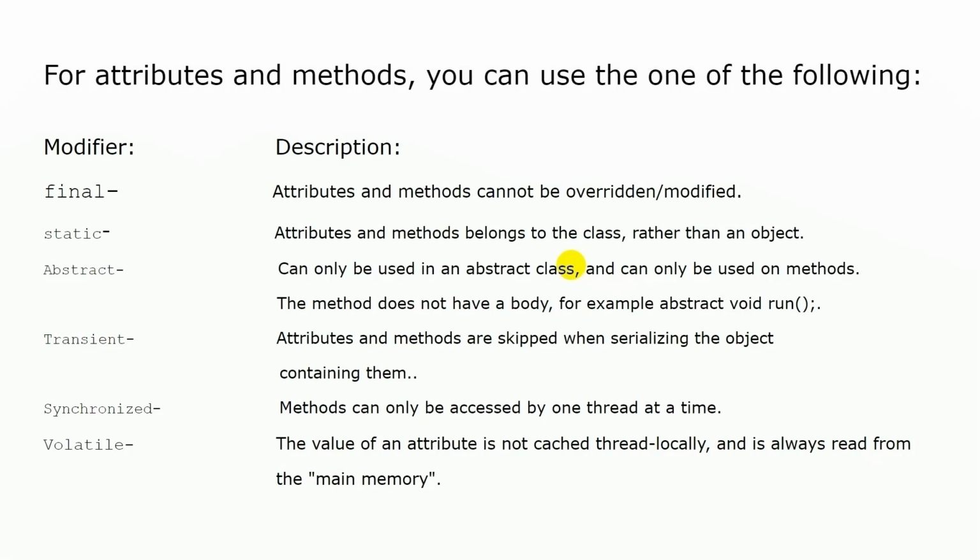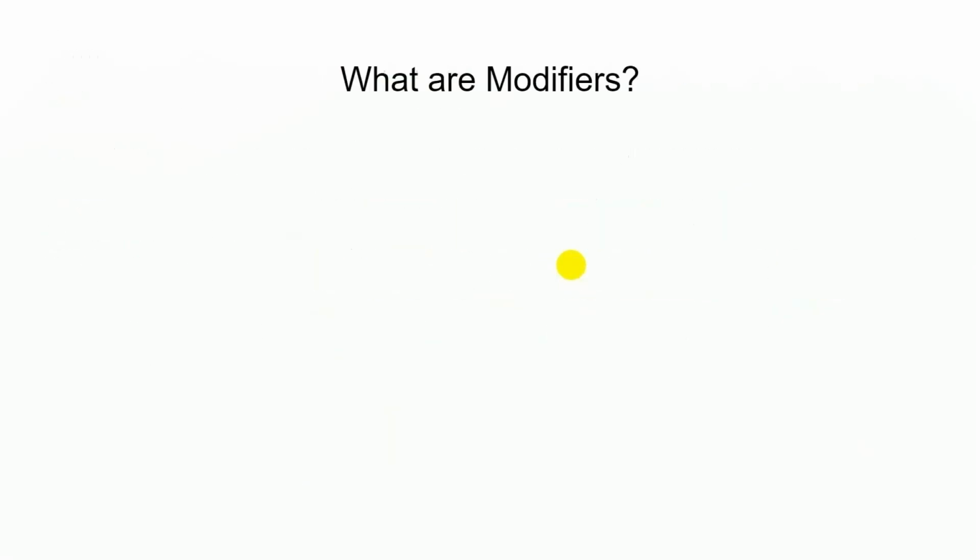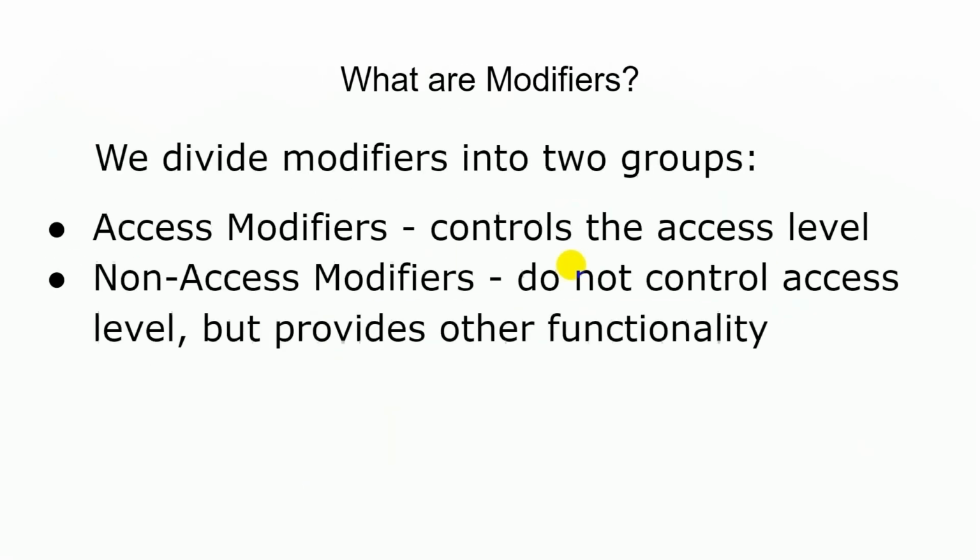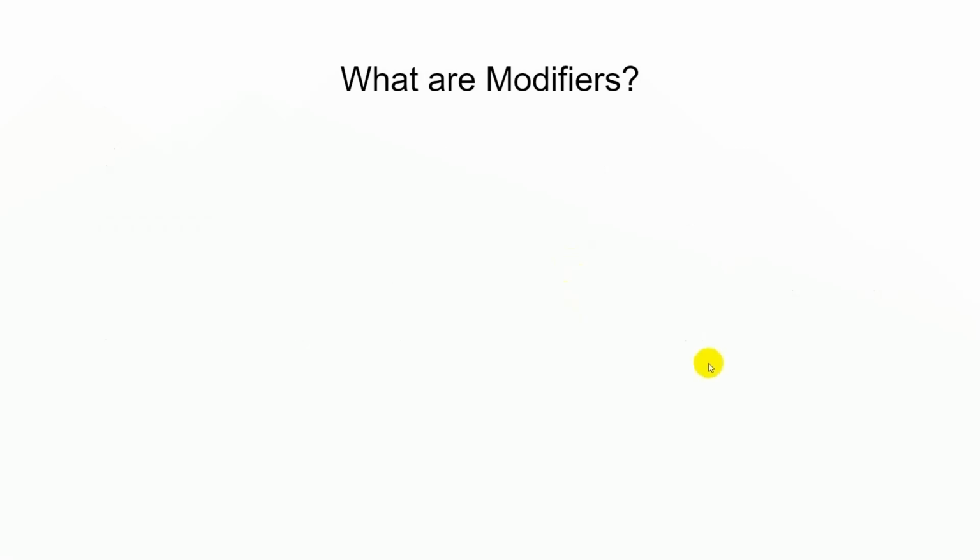Alright, now I have taught you about access modifiers and non-access modifiers in Java. We divide modifiers into 2 groups, access modifiers and non-access modifiers.